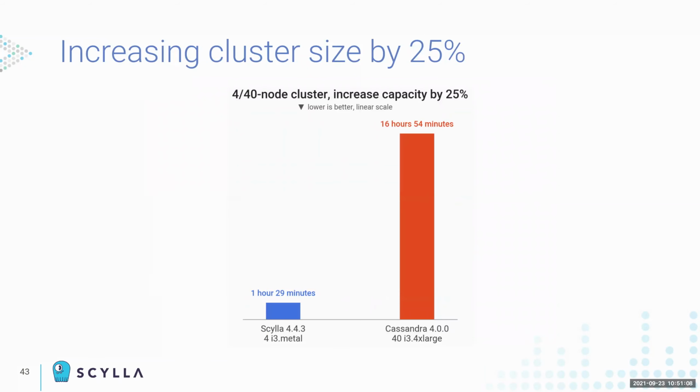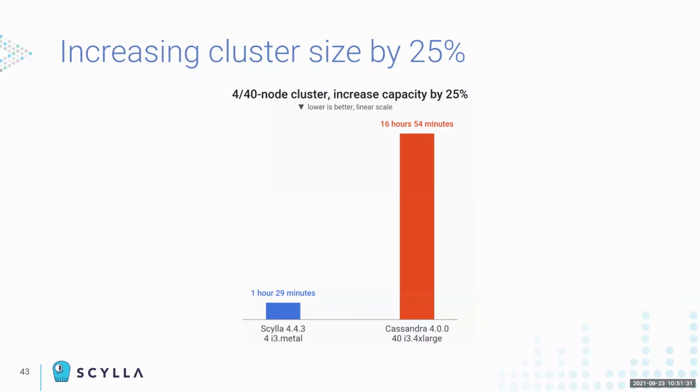Another big advantage of running Scylla using 4 big instances compared to 40 smaller instances is that if you want to increase the capacity of the cluster, you don't have to add as many nodes as compared to Cassandra 4.